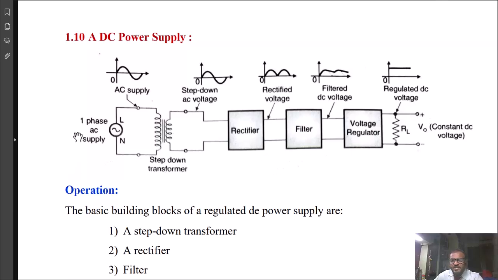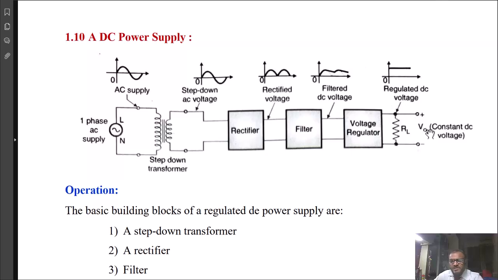For example, if the input voltage changes at the input of the regulator, the output tries to increase. When it increases, the sensor system senses it and increases the voltage drop of the regulator by exactly the same amount by which the input to the regulator is increased so that the output will be maintained constant.